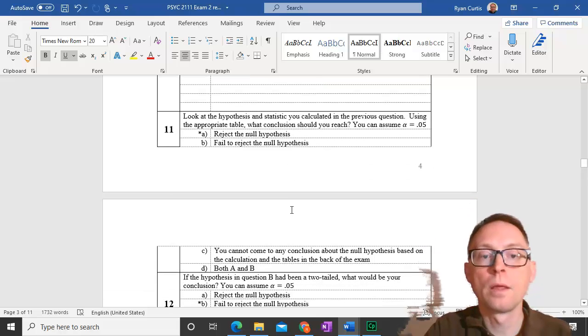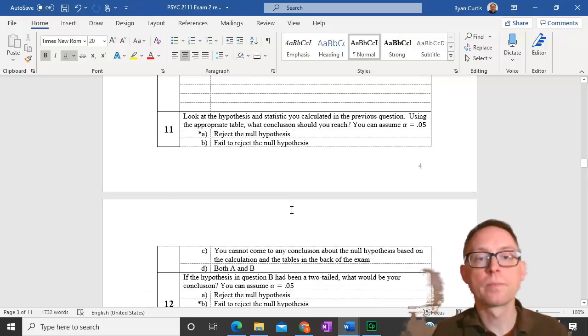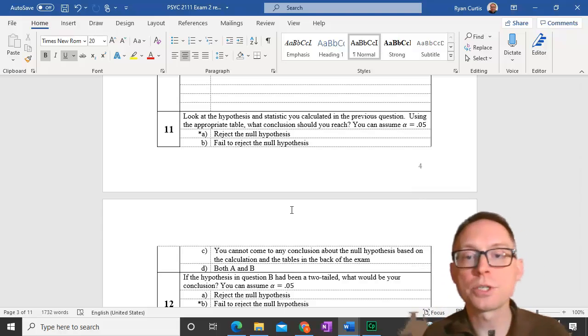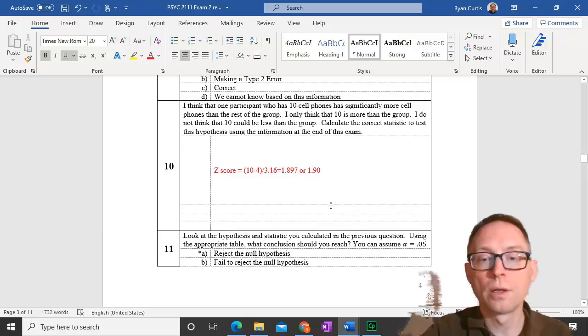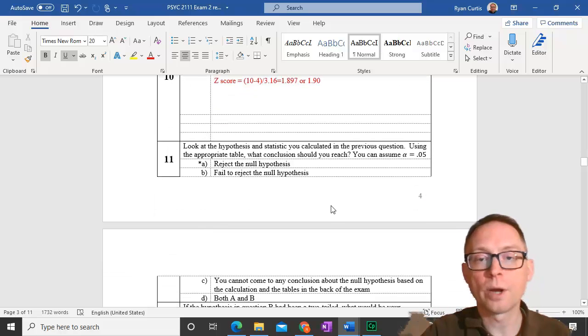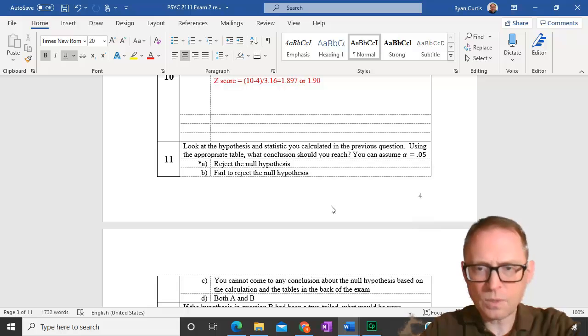Number 11. Okay, look at the hypothesis statistic you just calculated in the previous question. I just calculated the z-score of 1.897, which I rounded to 1.90. Using the appropriate table, what conclusion should you reach? You can assume that alpha equals 0.05 in this particular case.